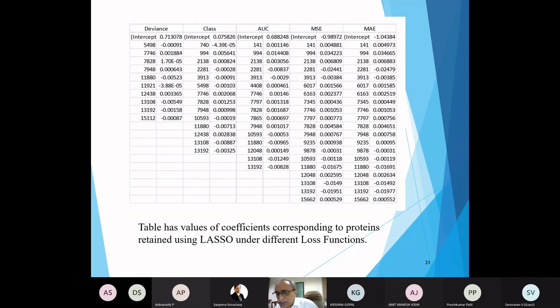That means you should look for a model which has a fewer number of independent variables, because a model with fewer variables is easy to interpret. That's why we look for a model which is parsimonious. But that is not the only criterion for selection of the model. It should have a minimum classification rate, etc. So it has to have other properties too. But one of the criteria is that the model has to be parsimonious, containing fewer independent variables, or fewer features, or fewer proteins.